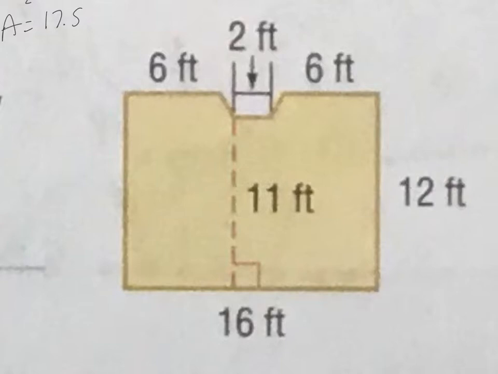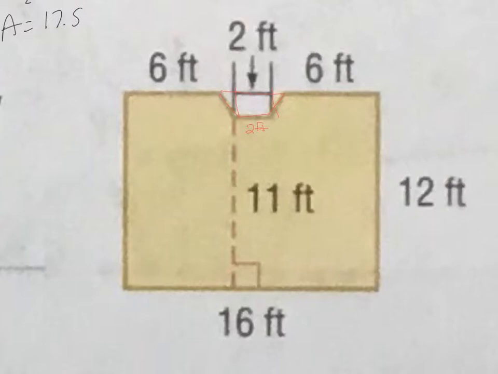So, what it looks like, this little part right here is the tricky part. But it looks like a trapezoid. And if this right here, this would be 2 feet.